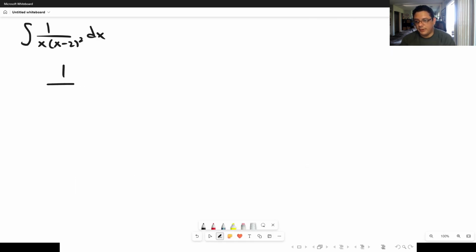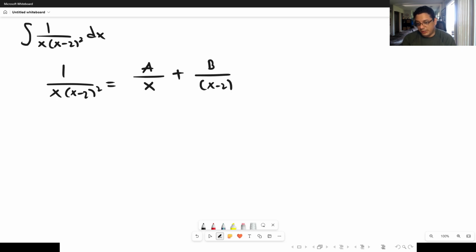When we have 1 over x times (x minus 2) squared, we can arrange this in different ways. We can start with the factors that do not repeat. So for example, a over x, and then we go over to the next one, b over x minus 2, initially with no power, then the next one is going to be (x minus 2) squared.